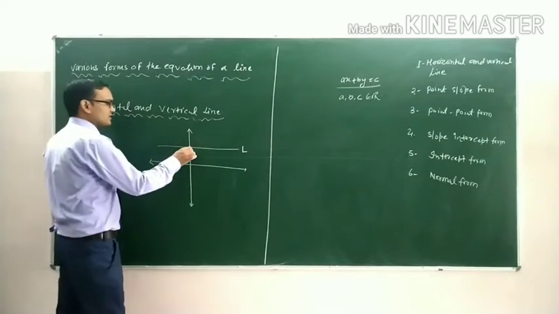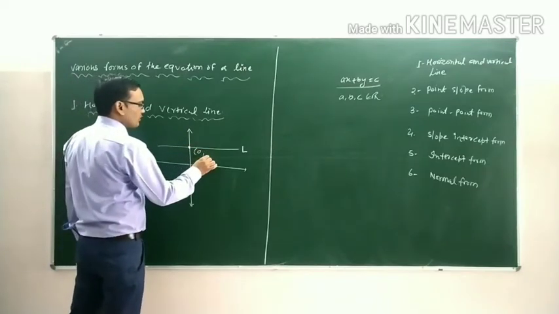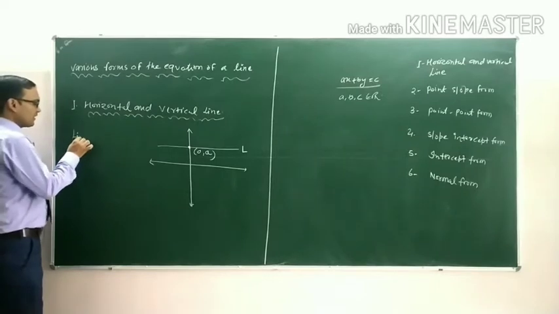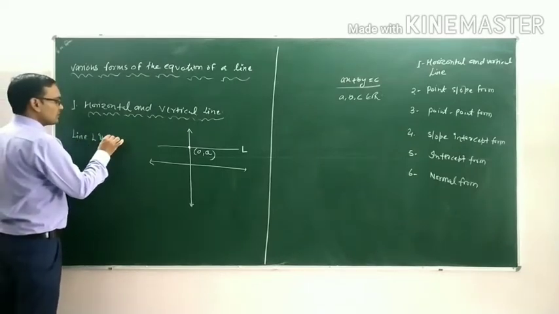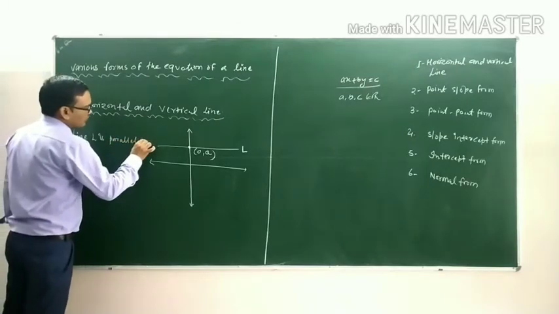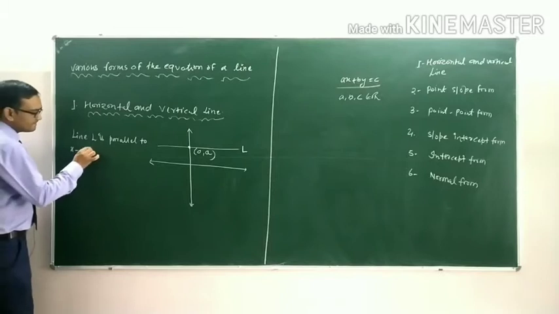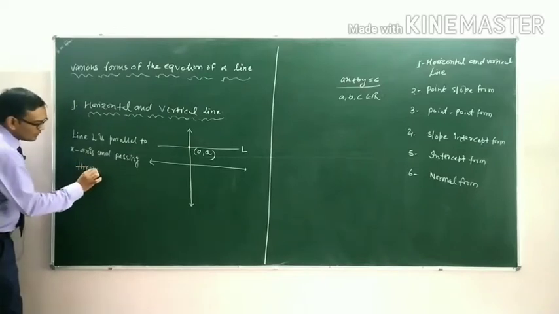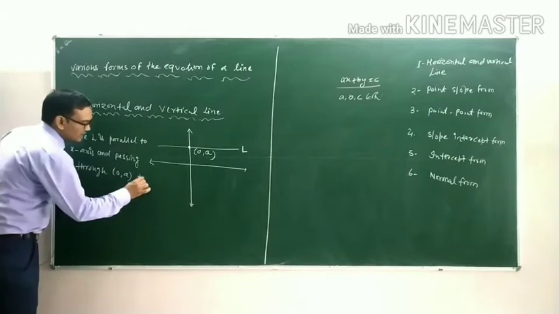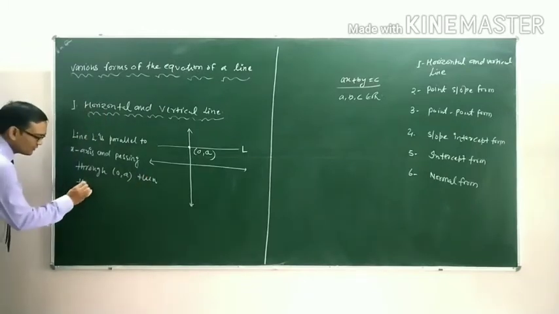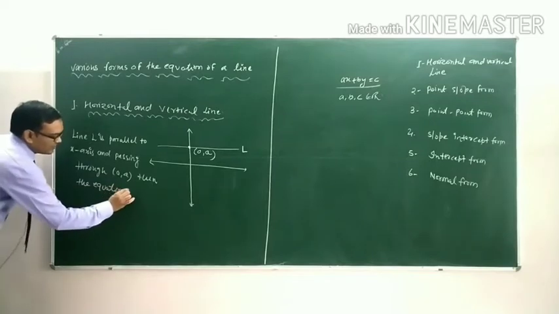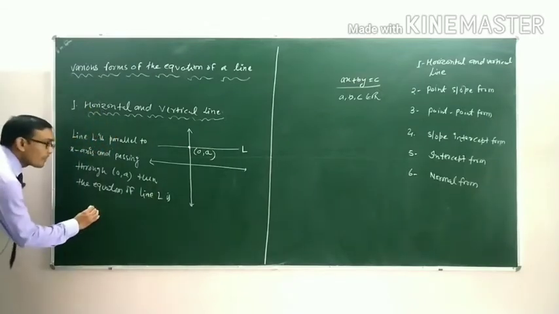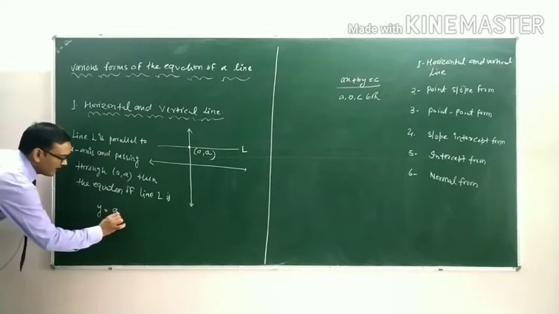and passing through the point (0, a). Line L is parallel to the x-axis and passing through (0, a), then the equation of line L is y equal to a.